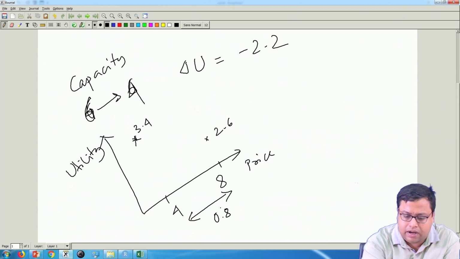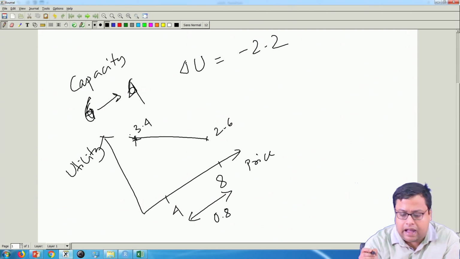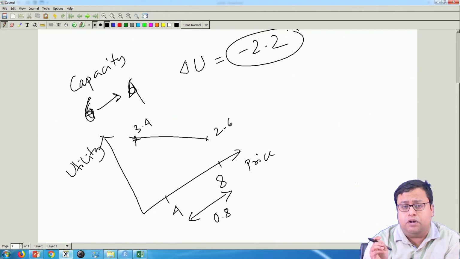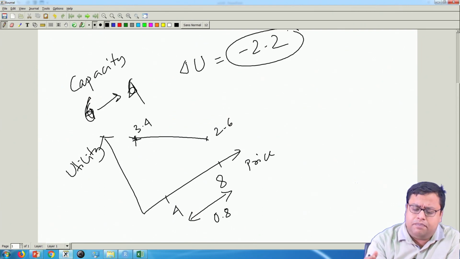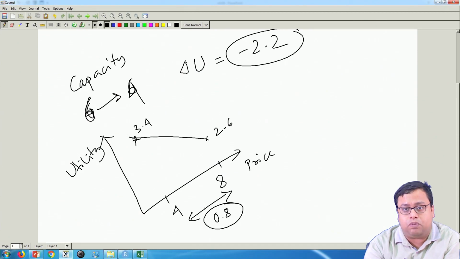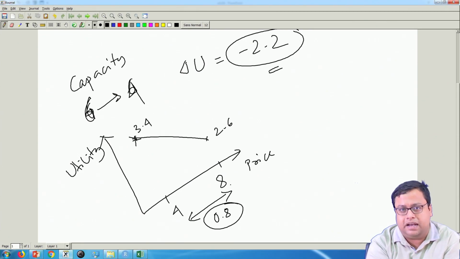I have to further extrapolate it, because I have to find out minus 0.2. So, it is an assumption that below 4 lakhs also it will go at the same level. For a 4 lakh drop, the utility that you get is 0.8. So, how much do you have to drop? It will come to the negative part.